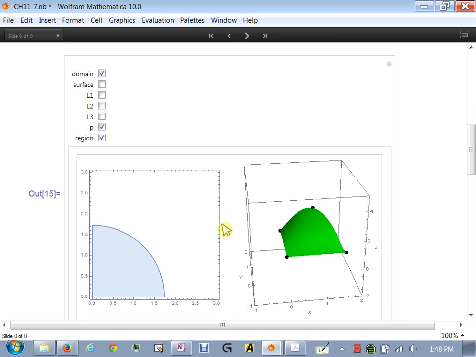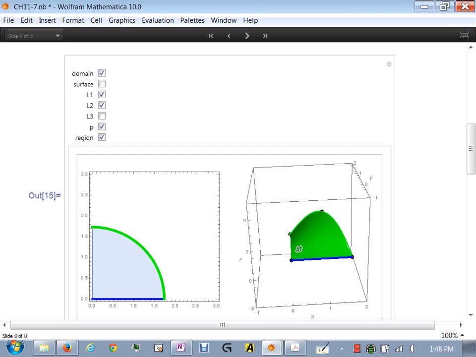To do this problem, we have to break it into different parts. We look first along this line, and we try to find the highest point on this line. Then we look along this curve right here, which is the backside. Let me take the region out of there. Just this backside. We try to find the highest point on that.